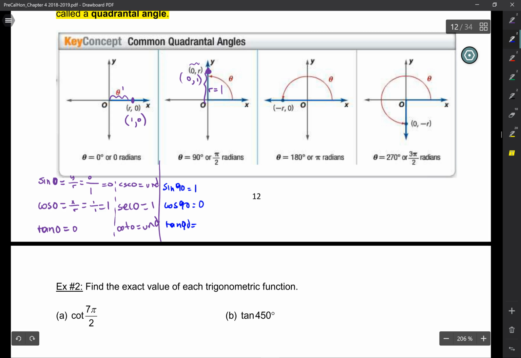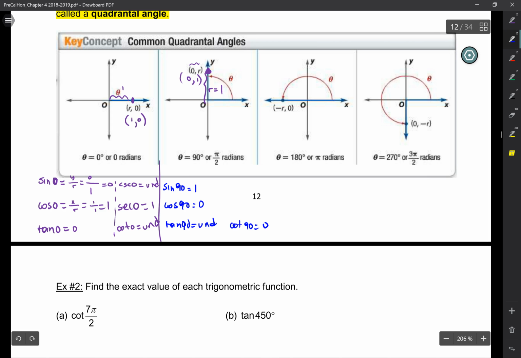What's tangent of 90? It's y over x, so it's undefined, right? And now, how could we do the other ones? Just the reciprocal, right? So cosecant is going to be 1, secant is going to be undefined, and what's cotangent of 90 going to be? Yes, 0.